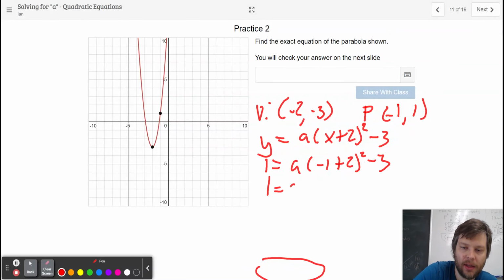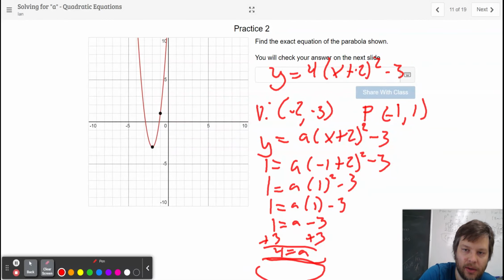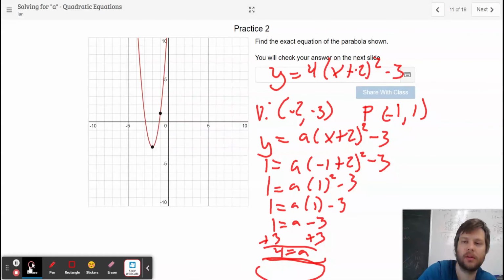Then I get 1 squared minus 3, which is just 1. A times 1 is just a. And the opposite of minus is plus. So my full equation is y equals 4 times x plus 2 squared minus 3.